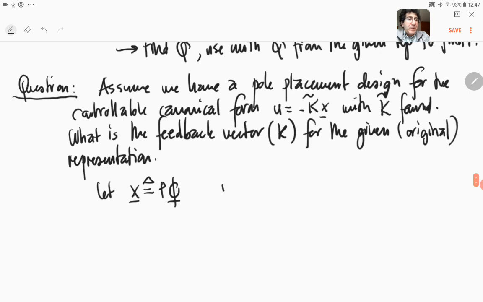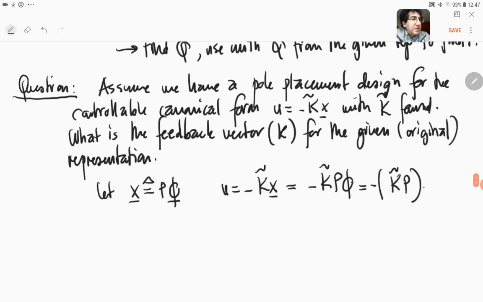So if we have u is equal to minus K tilde times x, but we know what x is, that means we can just put here P times phi, so that we have the new gain. Let me leave the minus outside: K tilde times P times phi. So this is our K gain matrix.